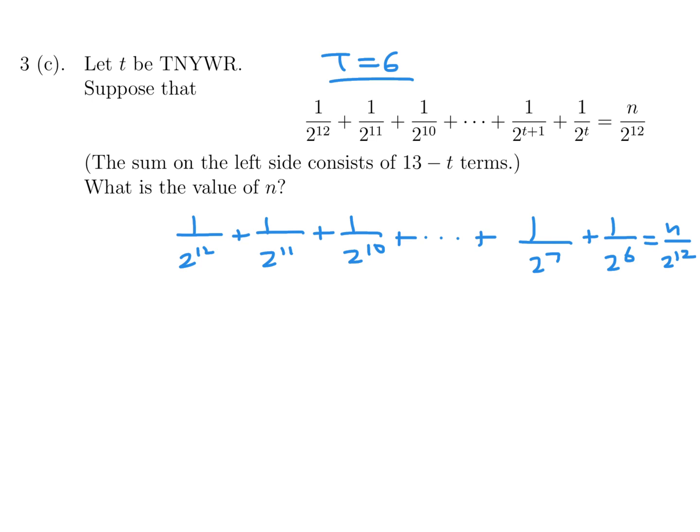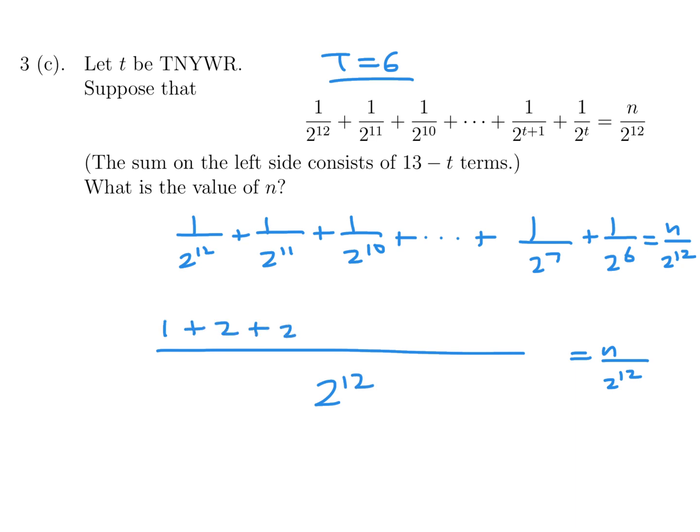Okay, so obviously we got to add this fraction here. So n over 2 to the power of 12, that part doesn't change. So the common denominator, 2 to the power of 12. So this is going to be 1 plus 2 plus 2 to the power of 2. Since there's not that many, right? There's only 7 terms. Yeah, so I'll just write them all out.